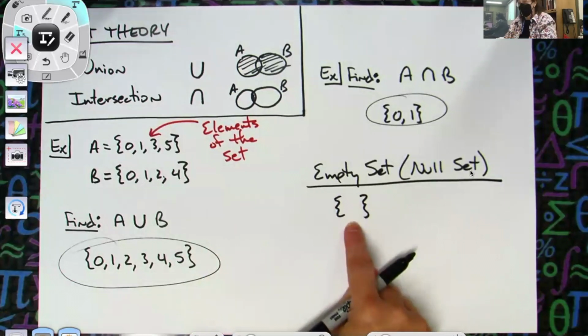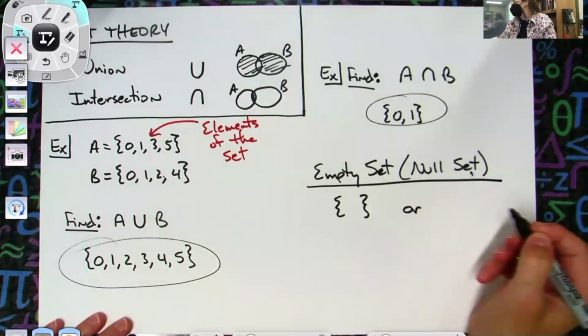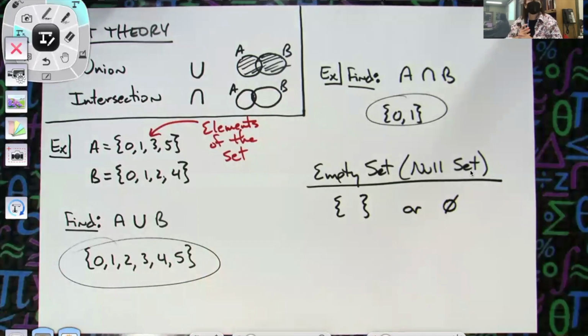That would be an empty set, a set that is empty. It doesn't have any elements in it. Or a circle with a line through it also means the empty set. So either one of those would be considered mathematical symbols for the empty set.